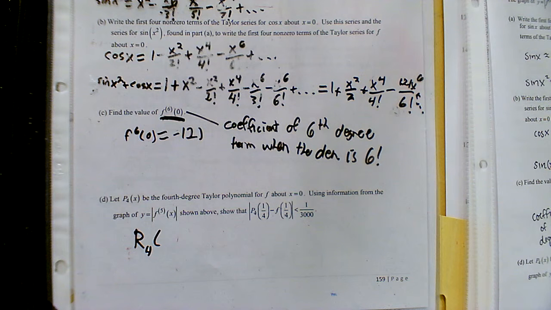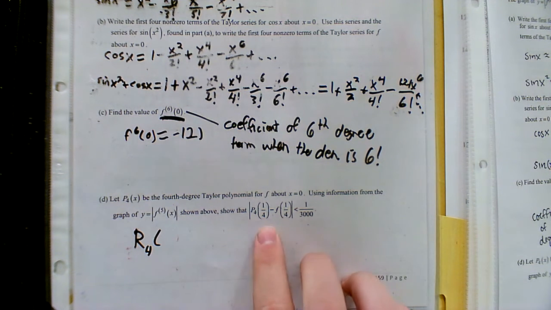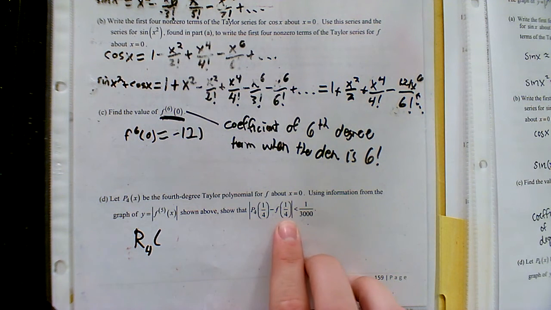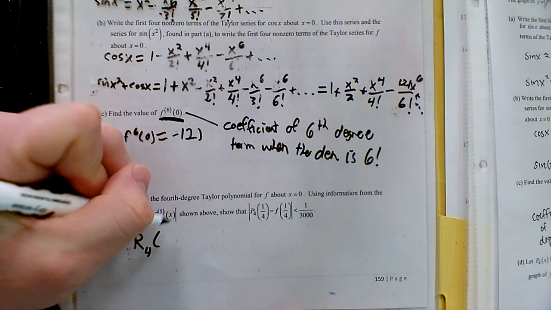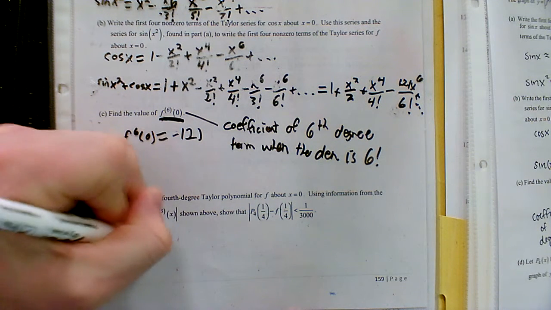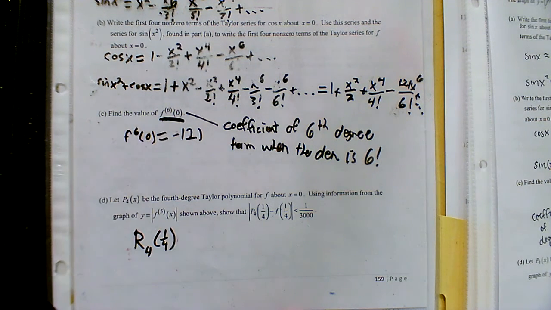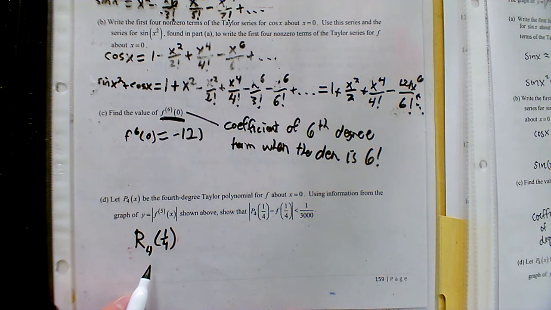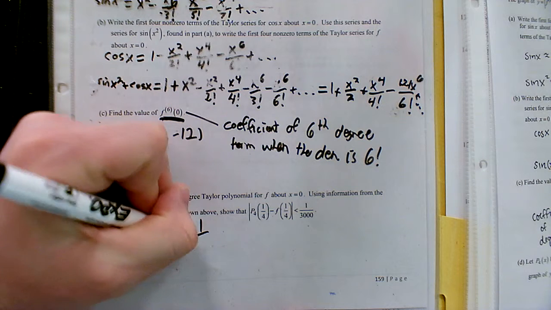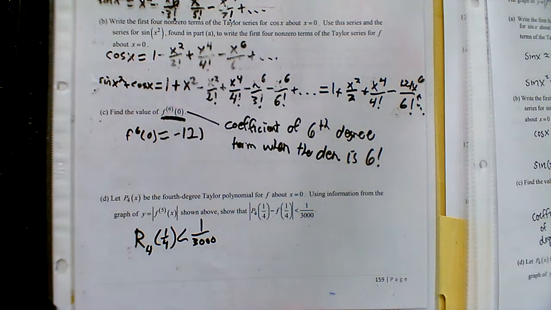Use the information they provided in letter D. Where are we trying to approximate? What value of x? Go ahead. Yeah, the 1/4. This is our approximation of 1/4 minus the actual 1/4. So we're trying to find the remainder, or the error, at 1/4. And again, we want that remainder, or error, that's what this is right here, we want that to be less than 1 over 3,000.